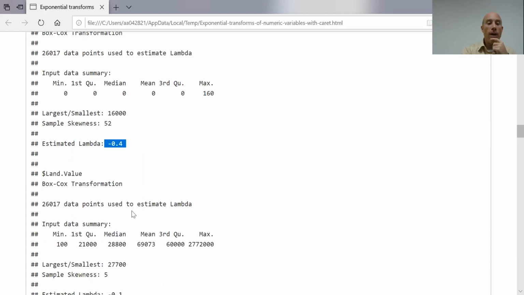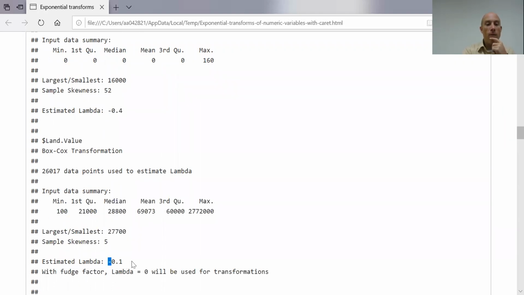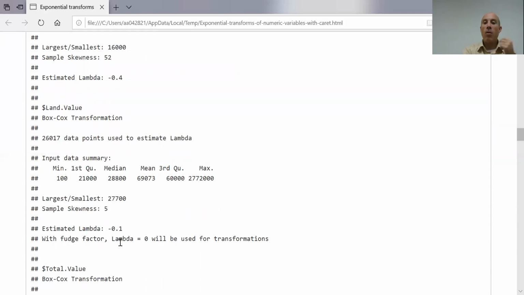For land value, it estimates negative 0.1. Looking at this, it looks skewed to me more than likely. So I would strongly consider using lambda 0, which is log. Oh, hey, here it actually says use log instead.